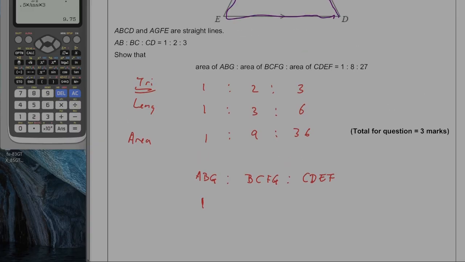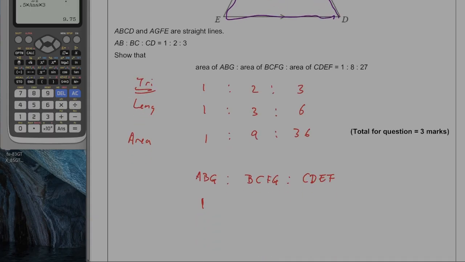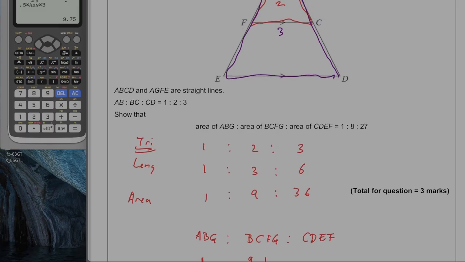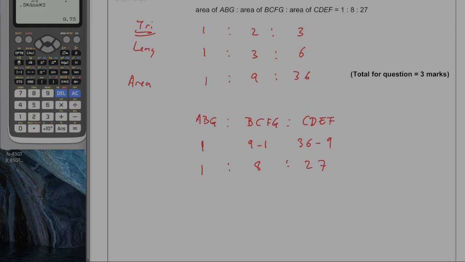The area of this one is actually going to be the area of triangle 2 minus the area of triangle 1, so that would be 9 minus 1. And then the area of the third one is again the full area, 36, take away the area of triangle 2, which is 9. That would be 1 to 8 to 27, which is what we were asked to show.